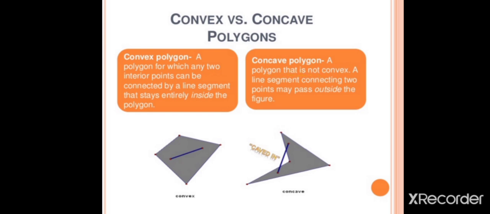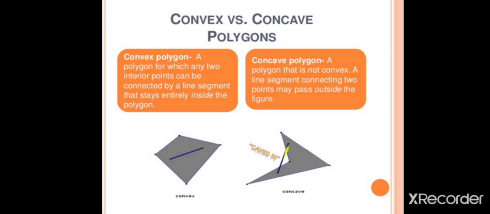So in a concave polygon, there might be a cave-like structure. So that is nothing but a concave one. For a polygon that is not convex, a line segment connecting two points may pass outside the figure. Here we have these 2 points, and when we connect those 2 points by a line segment, that line segment is completely inside the boundary of the polygon.